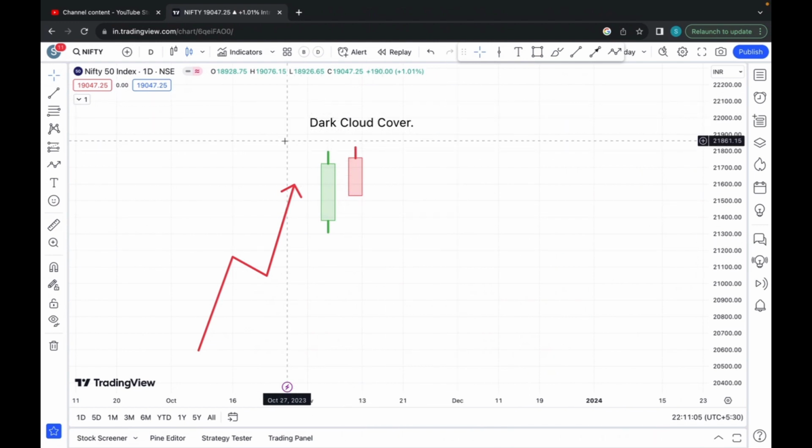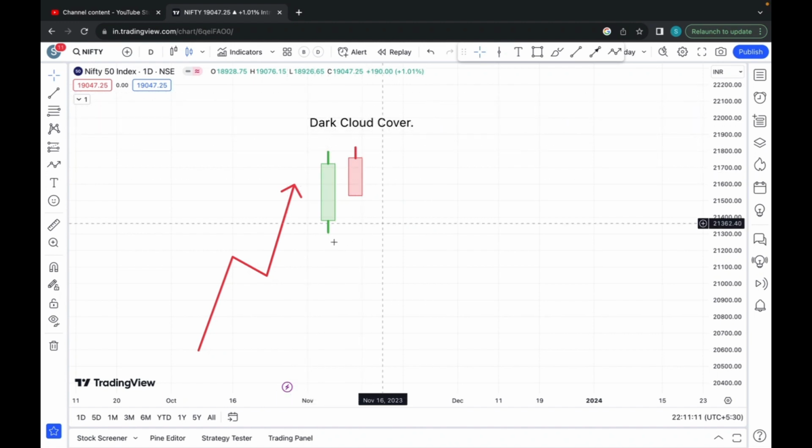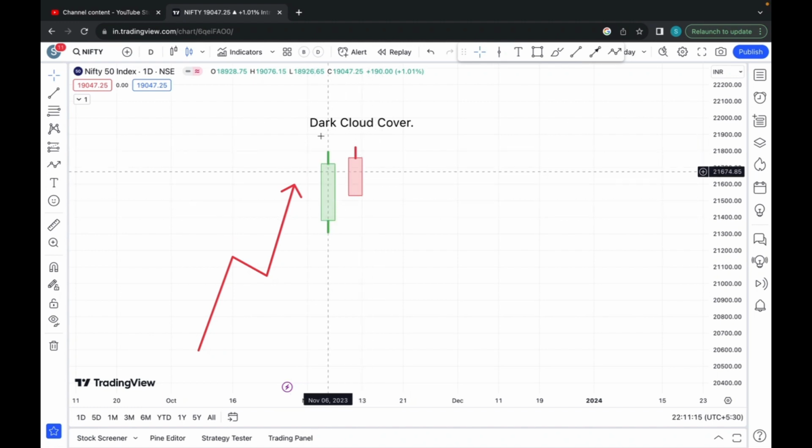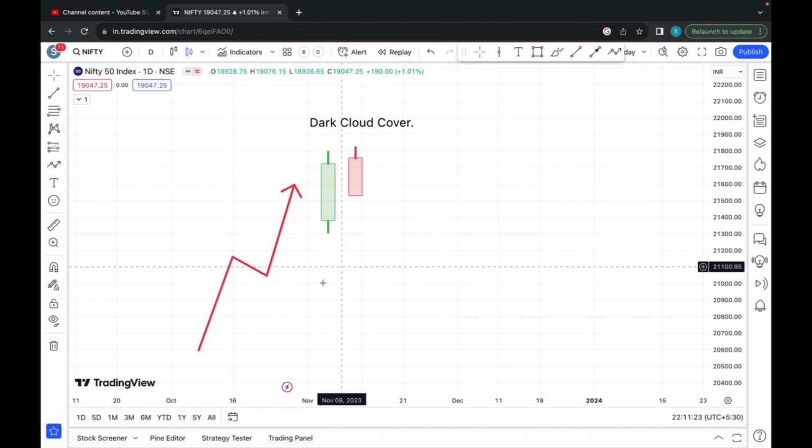In our previous video we have already seen what a dark cloud cover is and what the rules are to identify a candle pattern as a dark cloud cover, when to enter and exit, where your stop loss is, what if your stop loss hits, and where this candle should appear. All those details were in that in-depth video in our candlestick pattern series.